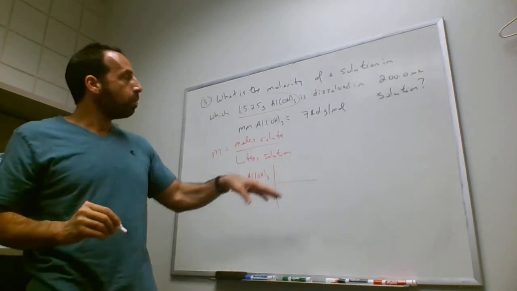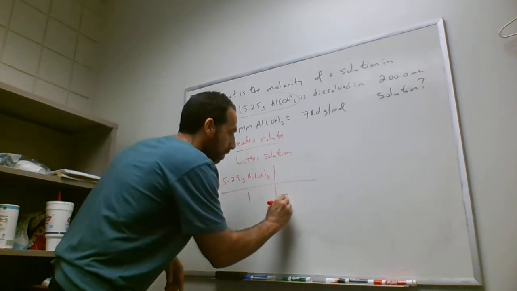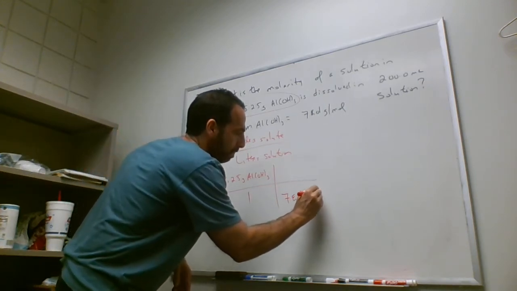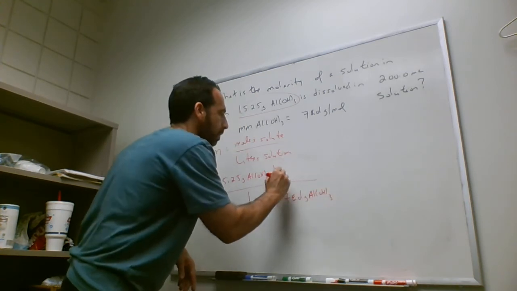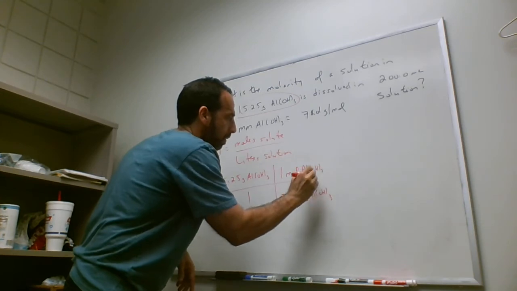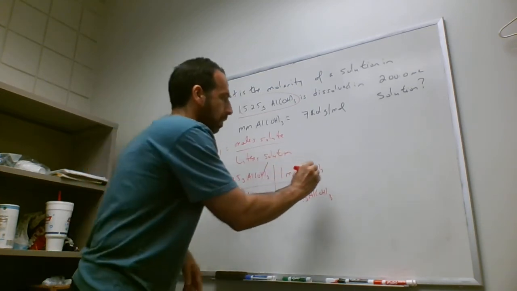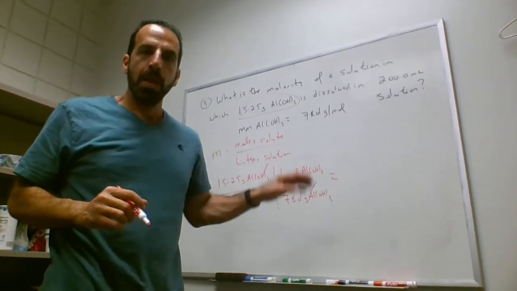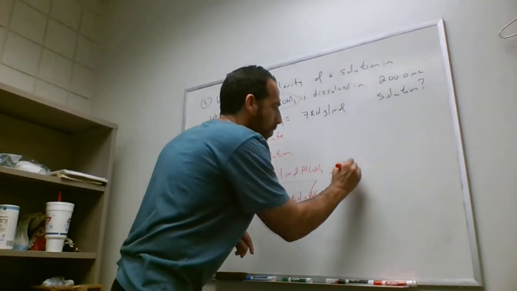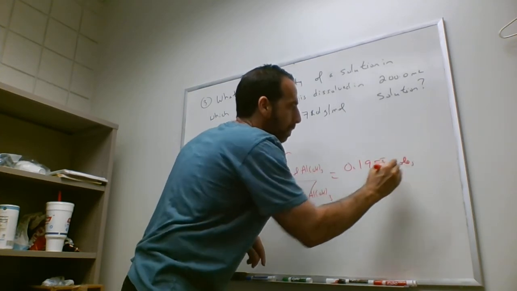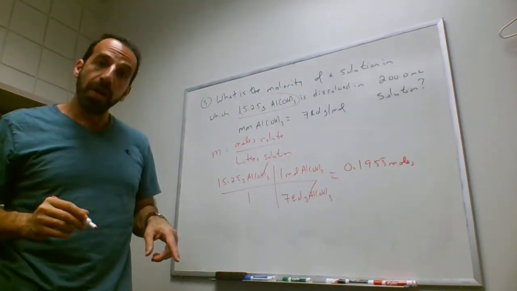Let's convert that to moles using the molar mass. So when I do that, I'm going to end up with 0.1955 moles of the aluminum hydroxide.